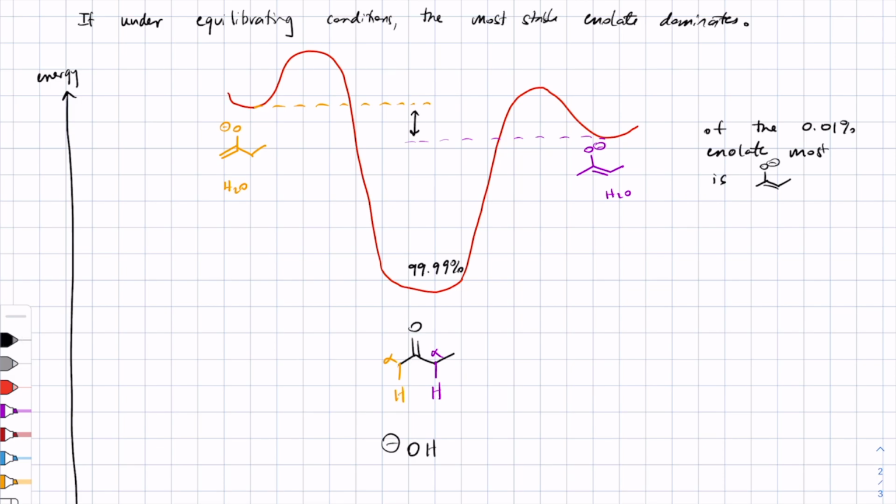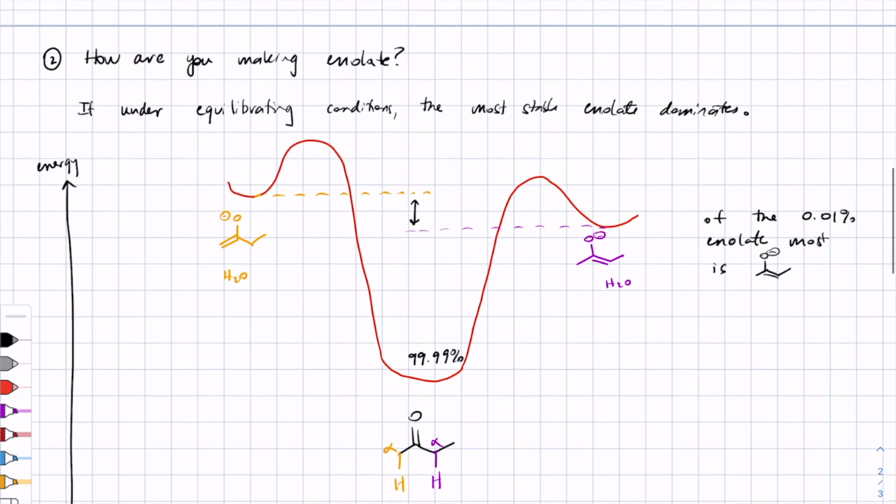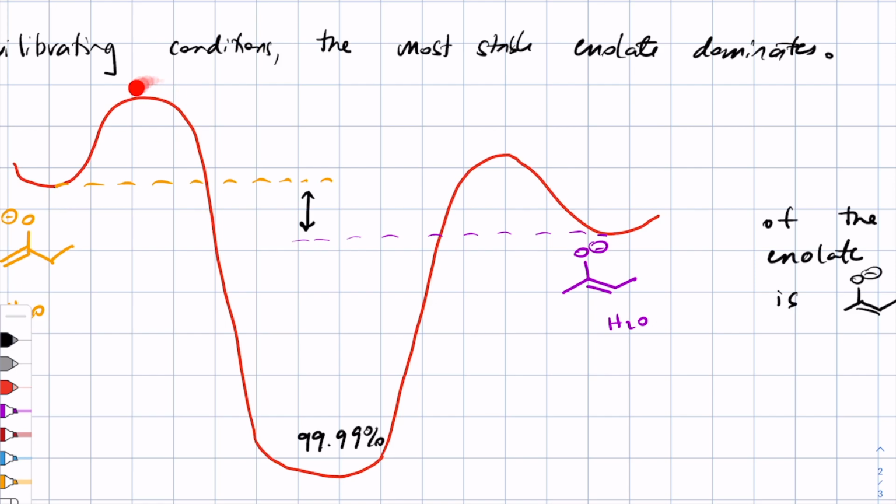And it doesn't matter which one of these two enolates forms faster. In fact, I without thinking chose how high to put these transition states. But it doesn't matter which one forms faster, because the reaction's under equilibrium.